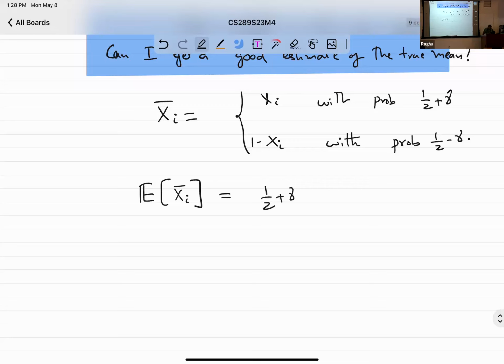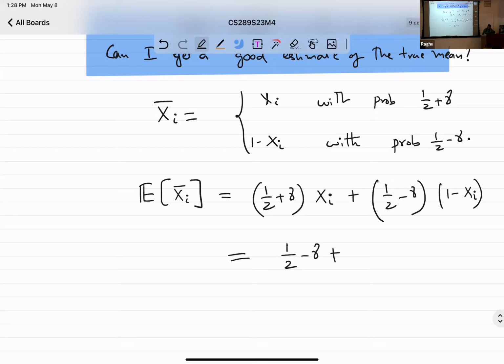It's half plus gamma times xi plus half minus gamma times 1 minus xi. So this is okay.